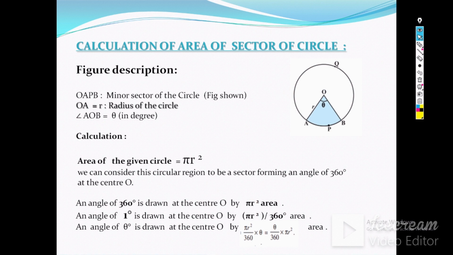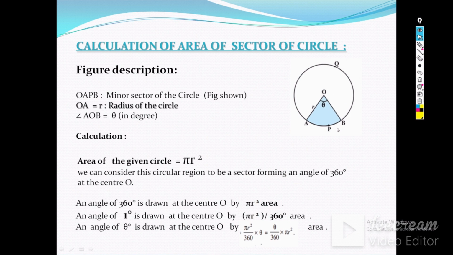Now let's calculate how to get the area of a sector of a circle. We will understand how to get the formula to calculate the area of a sector of the circle. See, this is the circle, O is the center. Now I am connecting A, O, B. A, B are 2 points. To get a sector, I am connecting these to the center.